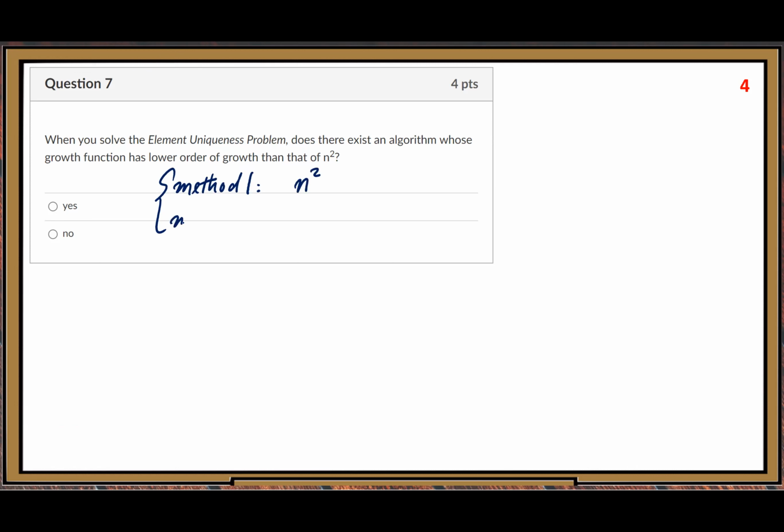Method 2, we do sorting first, sorting plus a scan, so n log n. And this is better than n squared. So the answer is yes, one exists.